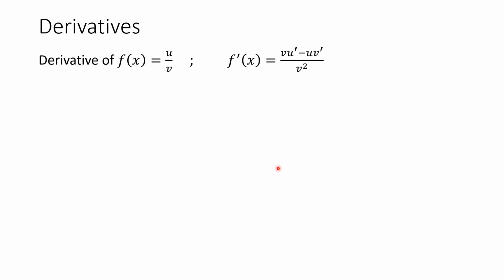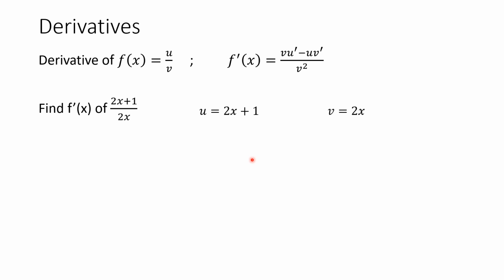So let's have another example here. For the derivative of a quotient, find f prime of x of 2x plus 1 all over 2x. So our u, which is the numerator, is 2x plus 1, and our v is the denominator, which is 2x.